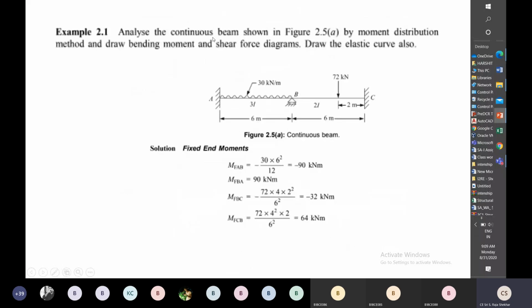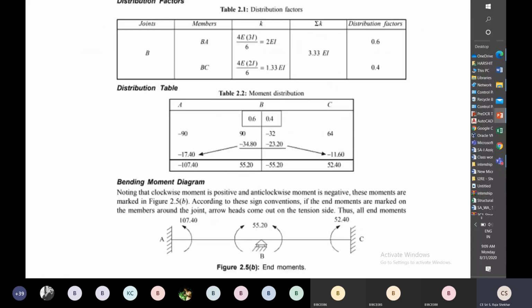Here we have only one joint. A and C are the supports, and we have joint B. At joint B we will see the distribution factor. At joint B, two members are meeting: the BA member and the BC member.